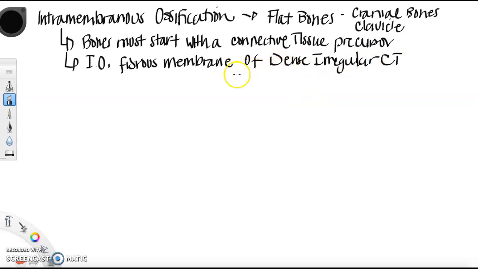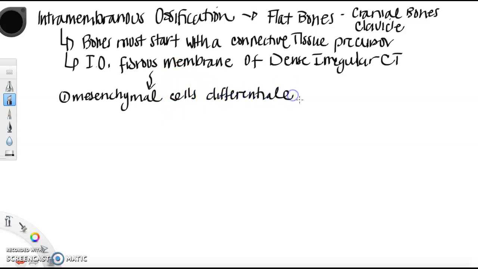So once that fibrous membrane is there, so membrane, membranous, so intramembranous ossification going on here. Once we get the fibrous membrane, then we have mesenchymal cells within that membrane that will differentiate into osteoblasts, which makes sense.